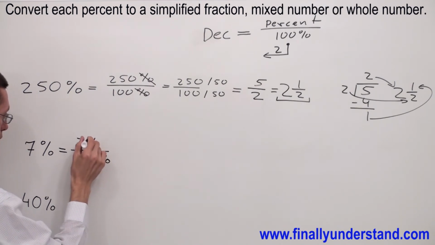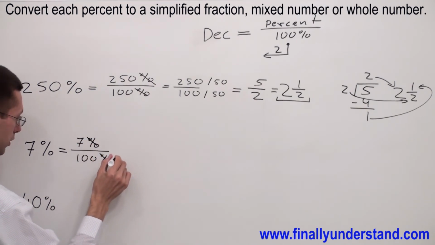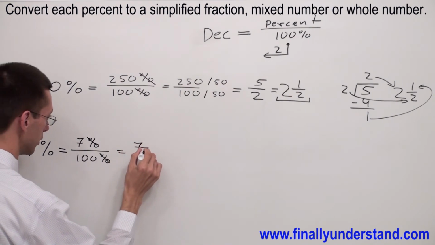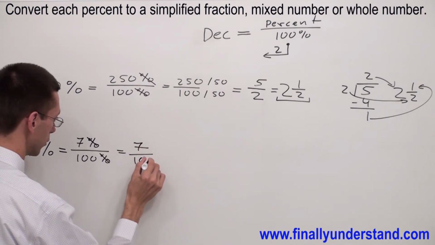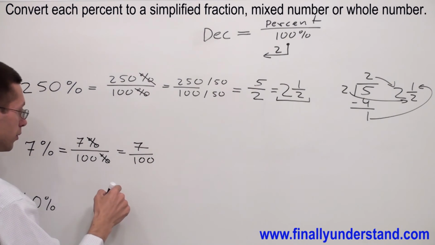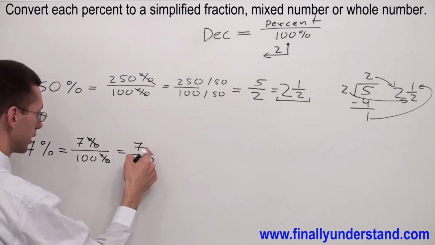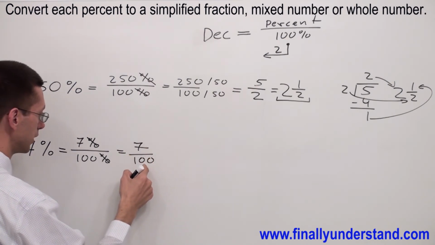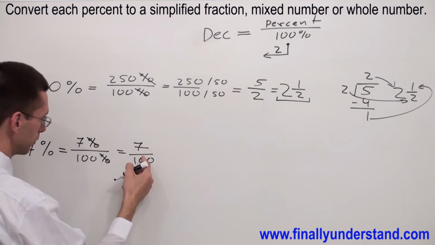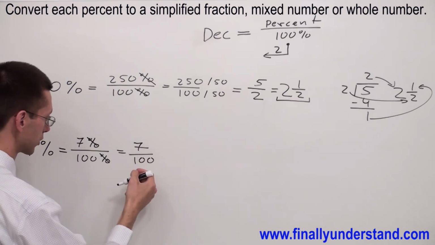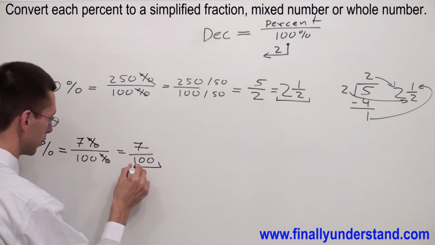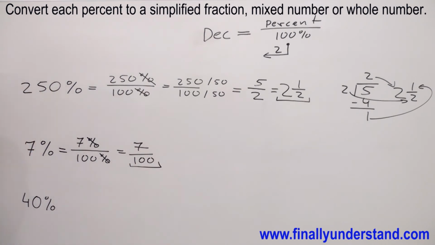Okay? So percent and percent will cancel out. I'm going to end up with 7 over 100. Okay? Because I have 7 in the numerator and 100 in the denominator, and I cannot reduce this fraction, this is going to be my solution.